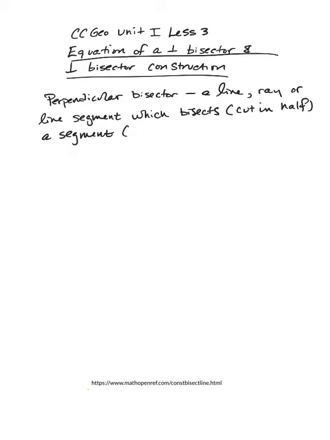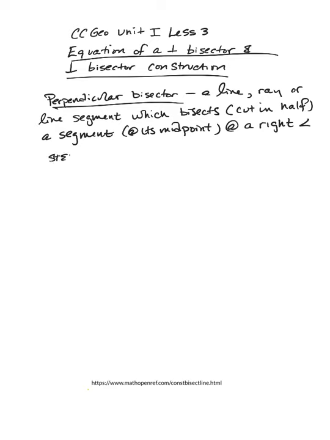When something bisects a segment, it has to pass through its midpoint. So at its midpoint, at a right angle. Perpendicular means that they form right angles.